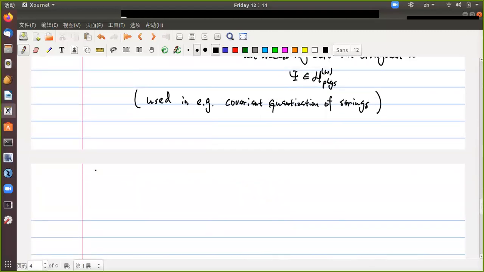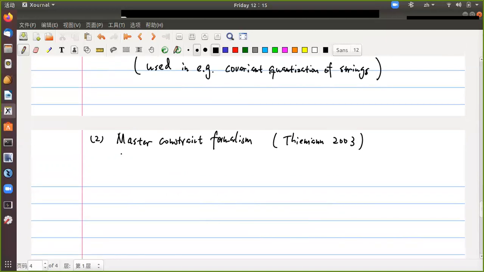So in loop quantum gravity, we use the second procedure of weakly imposing the constraint. This is called master constraint formalism. Master constraint formalism, and this was invented by Thomas Thiemann in 2003. Okay.